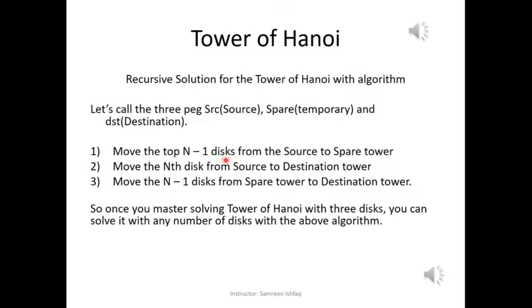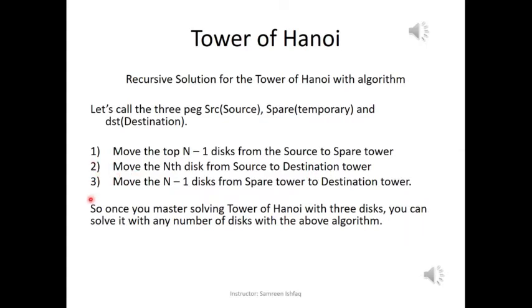So the first task is to move n minus 1 disks from source to spare. First, I am going to move the top 3 disks from source to spare, and then I can move the largest disk from source to destination. That is the second statement of my algorithm.